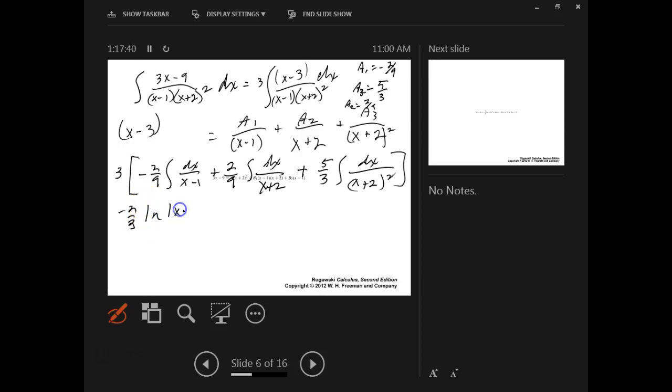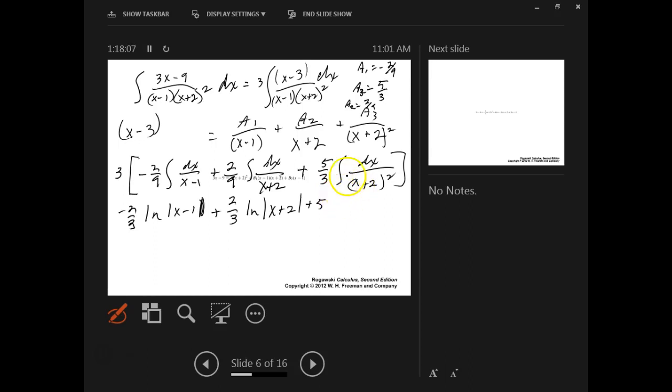Log absolute value x minus 1. Very good. Plus 2/3 log absolute value x plus 2, plus 5. Now that's where I think I'm having problems.